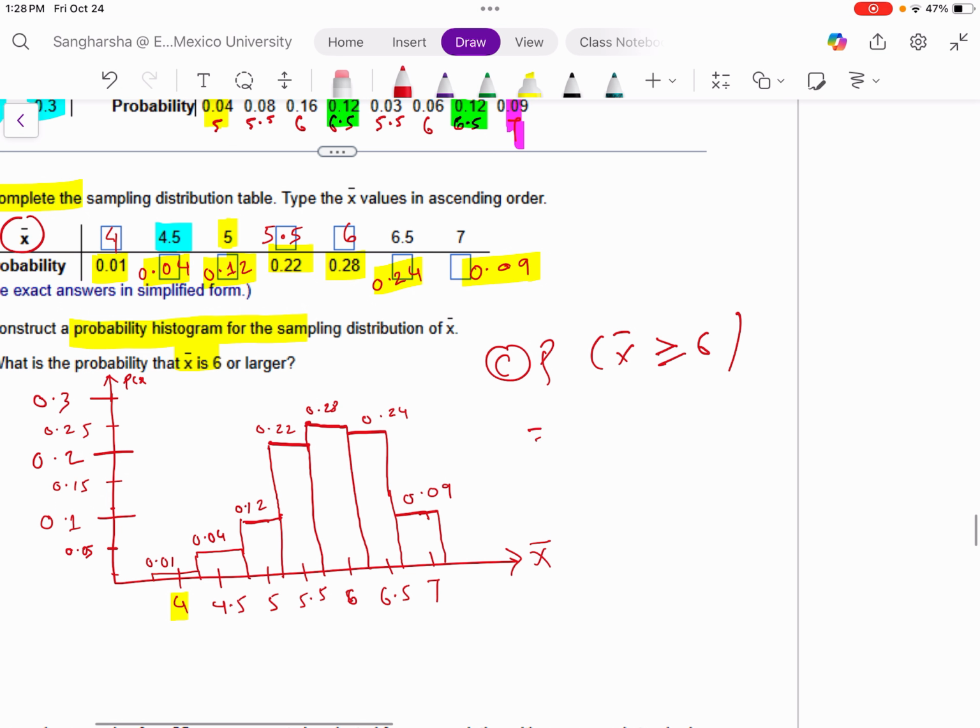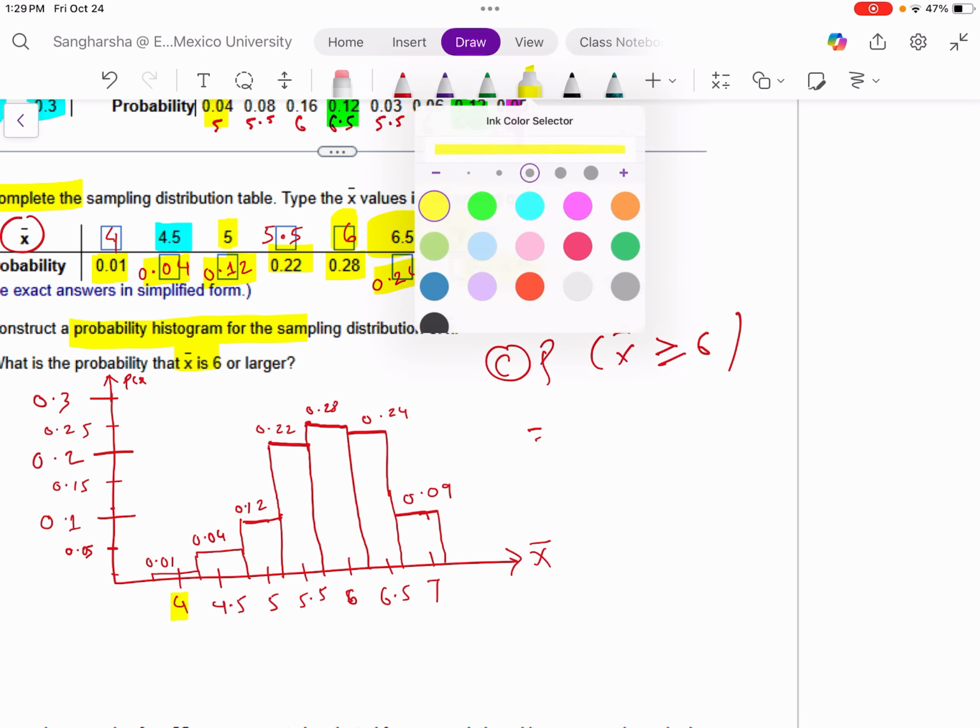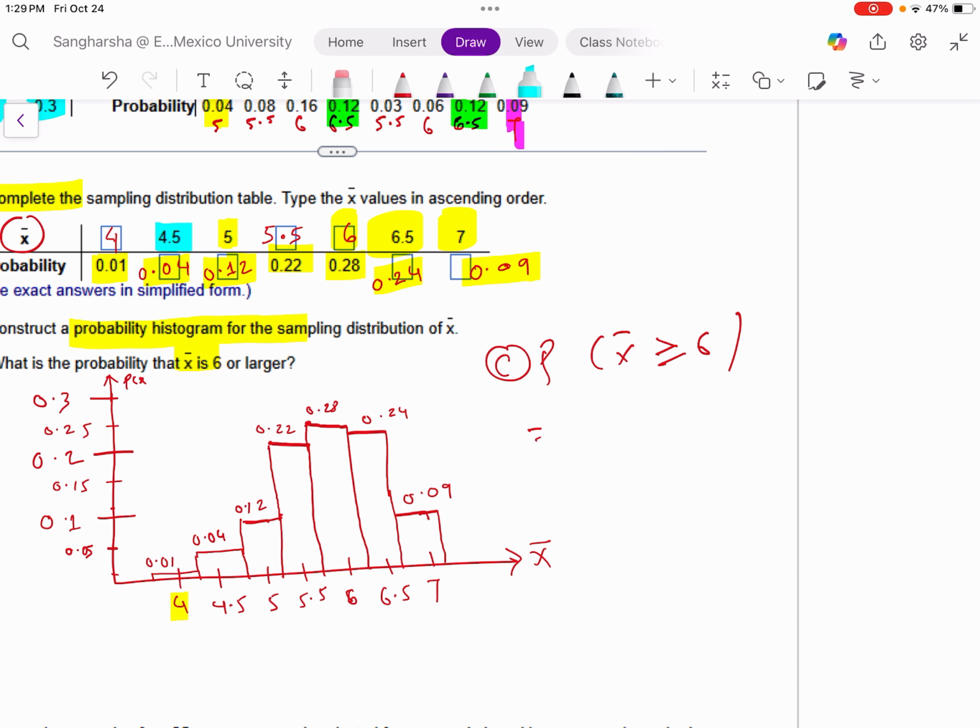So x bar equals 6 or greater means x bar is 6, 6.5, 7. So we add the corresponding probabilities. This is 0.28 plus 0.24 plus 0.09, which is 0.61.